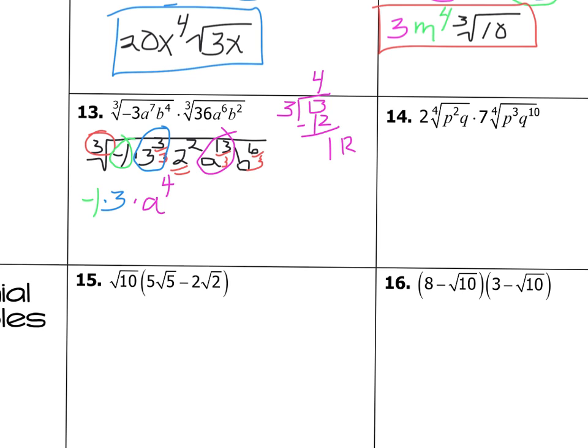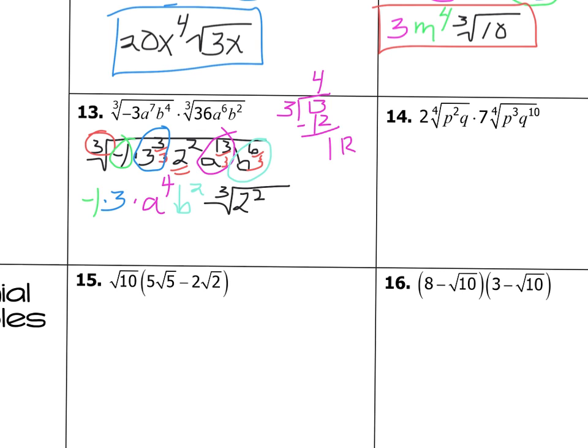And then finally, our b to the sixth divided by 3 is going to be b to the second, because 6 divided by 3 is 2. And the only thing left underneath this right here is going to be 2 squared. We didn't do anything with that.